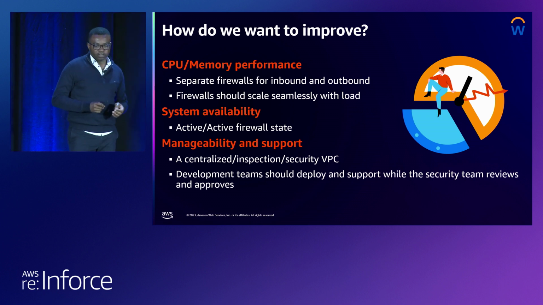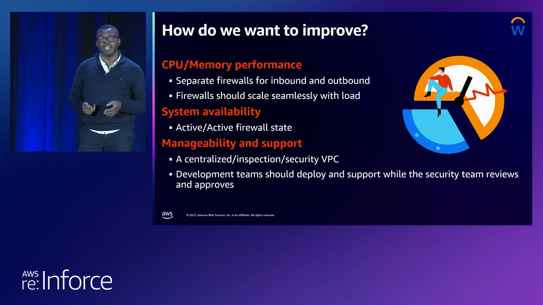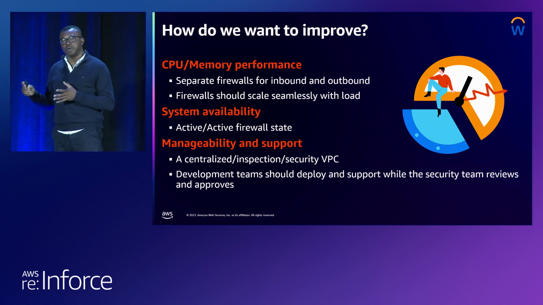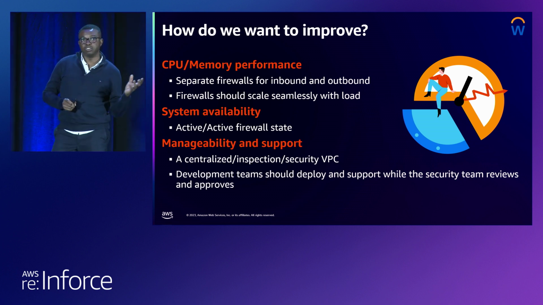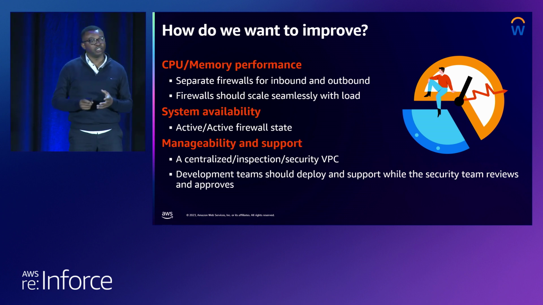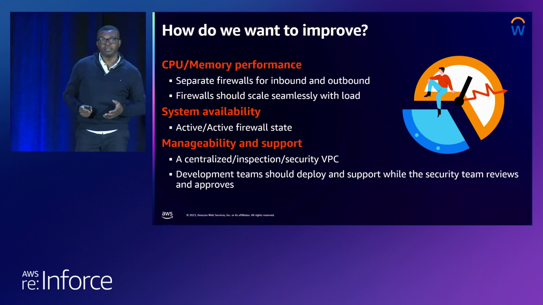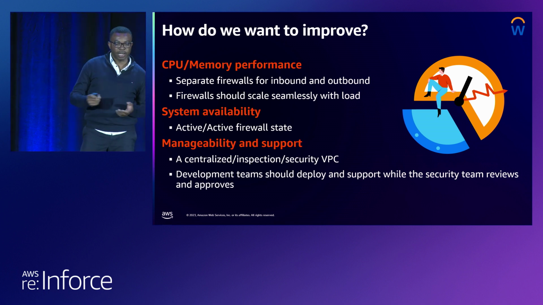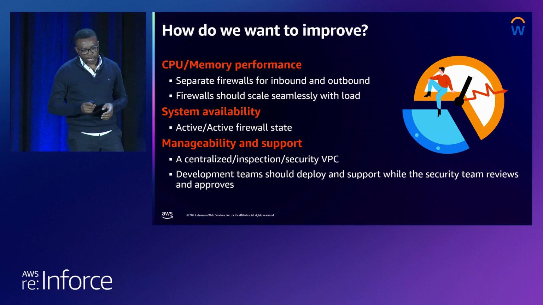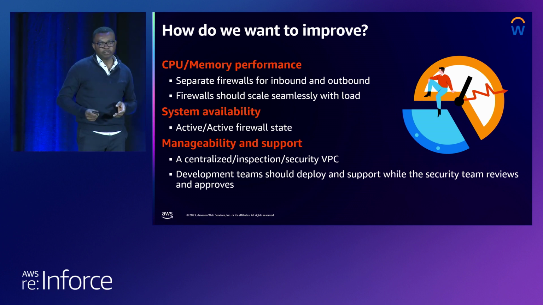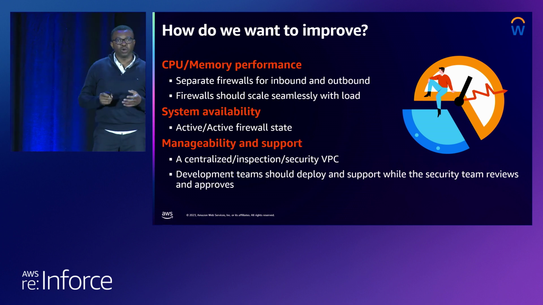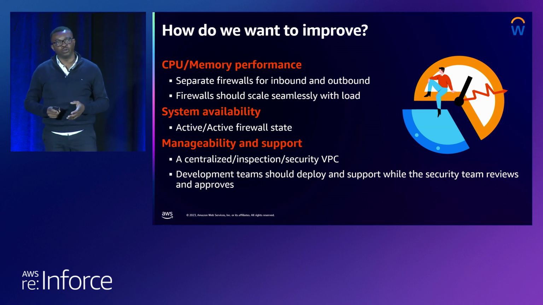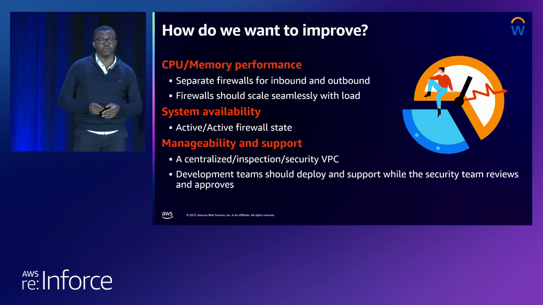For manageability and support, we started conceiving an idea of having a region-based inspection VPC, where we'll direct all traffic within the organization into this inspection VPC, carry out policy enforcement, and only allow clean traffic in and out. And most importantly, to maintain our shift-left principle, we want dev teams and service teams to be able to manage these firewall solutions.